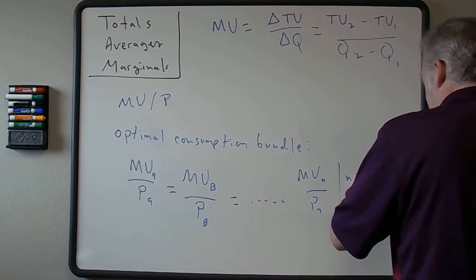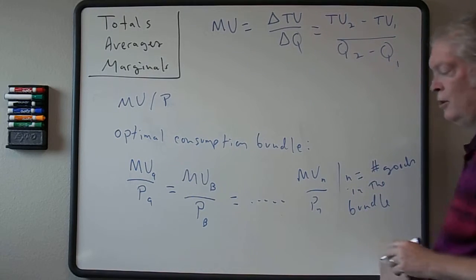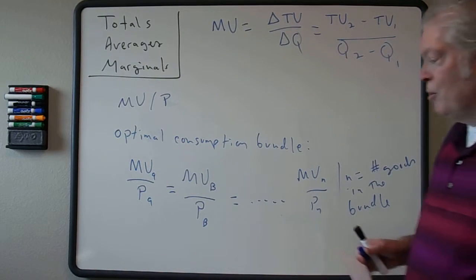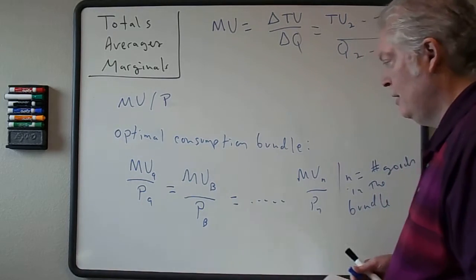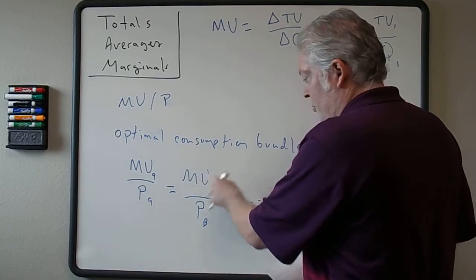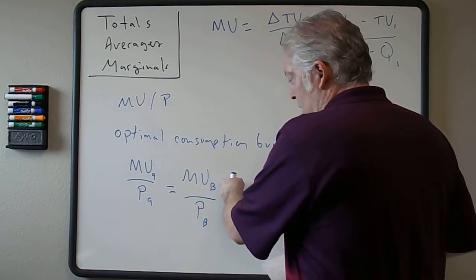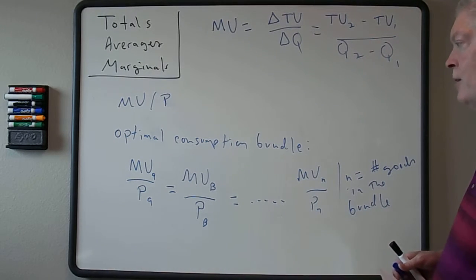And so we recognize, and we all know, that goods have different prices, but one of the reasons they have different prices is because they yield different amounts of utility. A Cadillac car is probably going to give more marginal utility than a Hyundai, and so as a result the Cadillac has a higher price. And so this is really the theory of optimal consumption bundle.